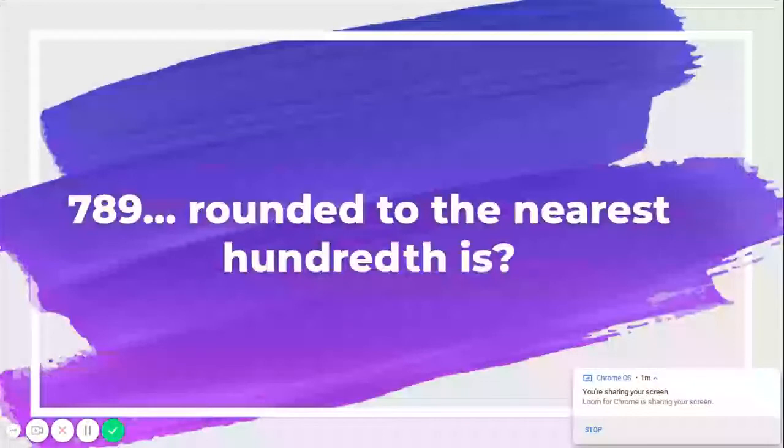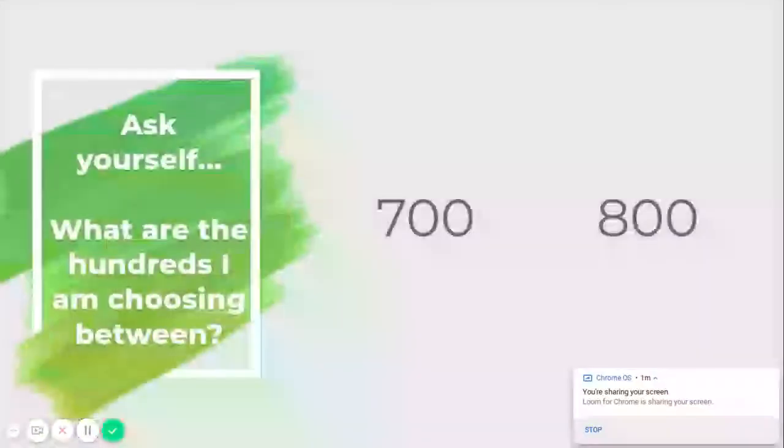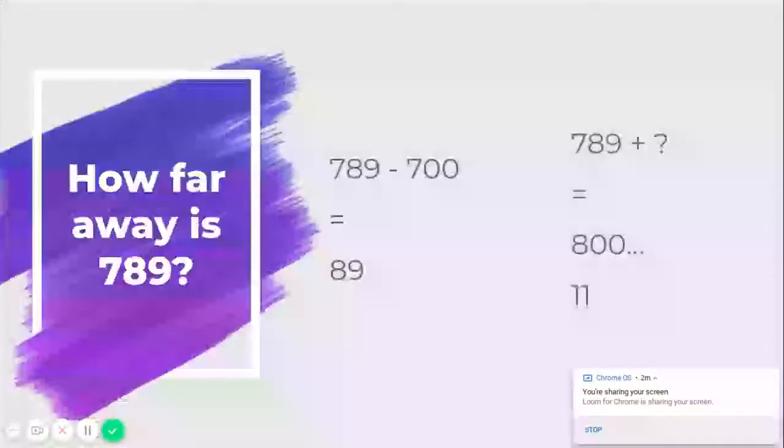We are going to have to look at 789 a little bit more closely. So you need to ask yourself, what are the hundreds I am choosing between? Well, 789, you know you're choosing between 700 and the next highest hundredth, which would be 800.